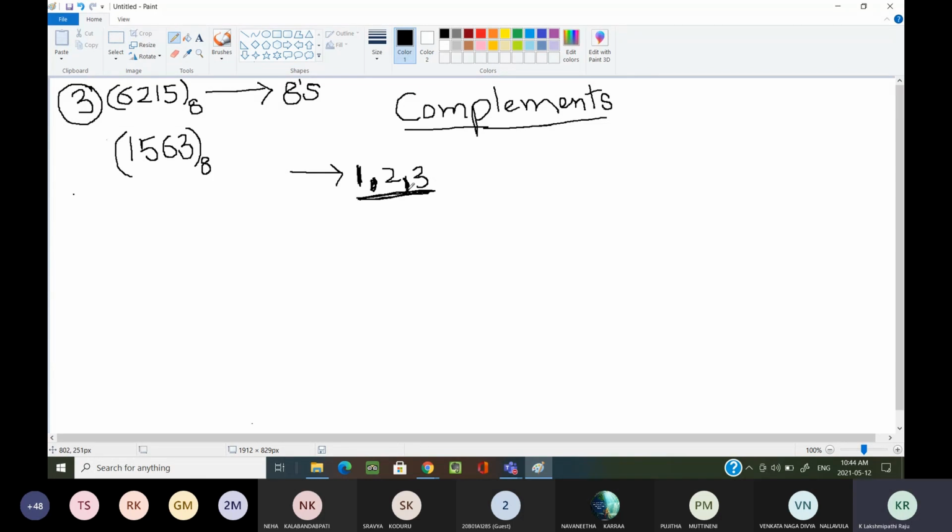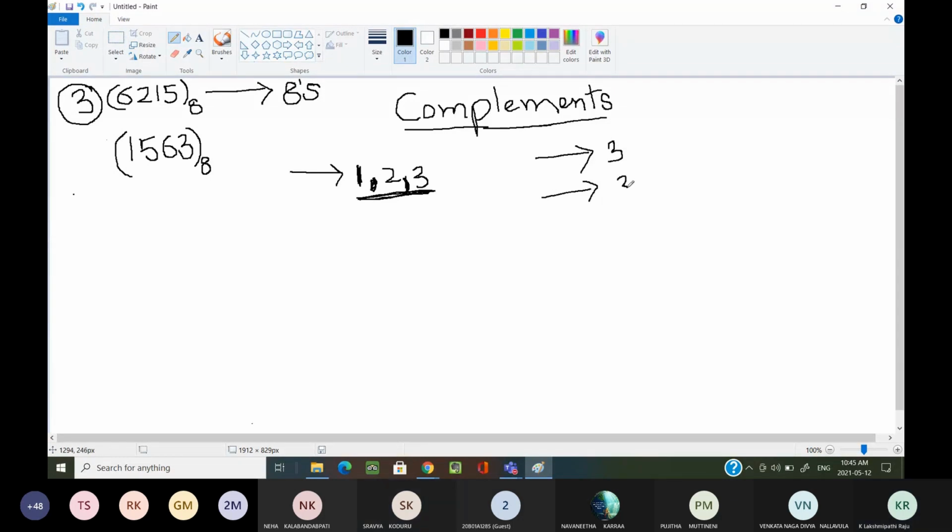Okay, see here on my screen. The first problem, how many digits are there? 3 digits. Second problem, 3 digits.